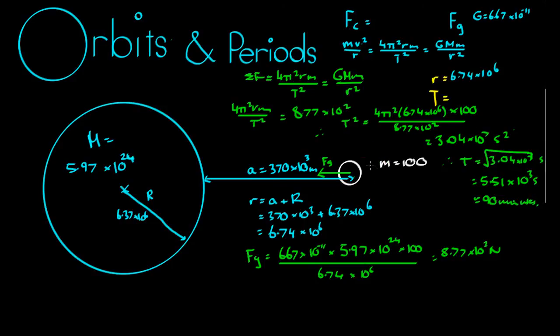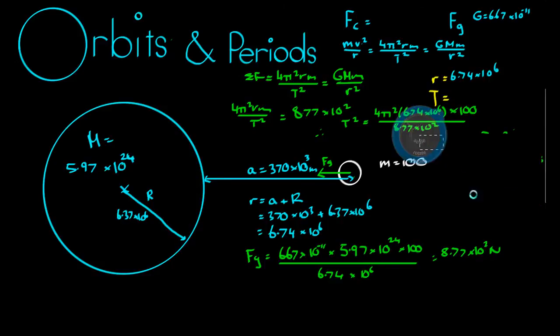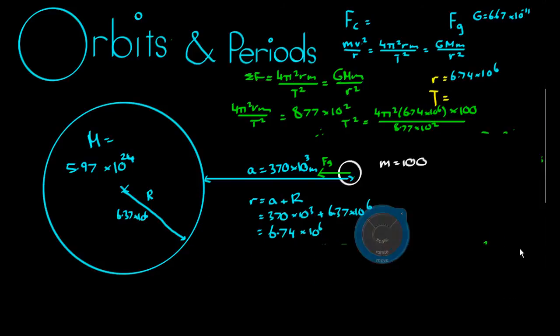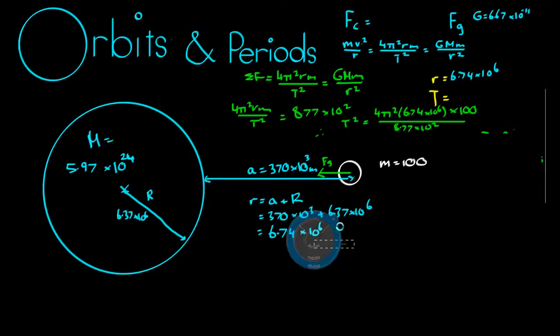So no matter, we'll prove that in a second. Basically, this satellite here is sitting at the same altitude as the ISS, around 370 times 10 to the 3 meters. Instead of working with real numbers now, we're going to work with the algebra to get a sense of what actually affects the altitude and the period. Okay, here we go.